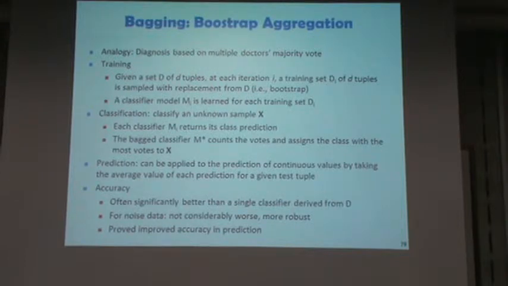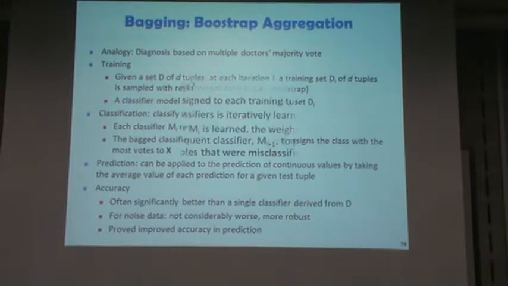The diagnosis is based on multiple doctors, and they say positive, negative, positive. So I'm positive for the allergy, and I decide. That is the bagging approach. Bagging puts everything together and the majority is selected. It's the same thing for the classifier. We can run this way, this way, this way, and decide that this new data belongs to yes, because 3 out of 4 select yes. That is the bagging approach.